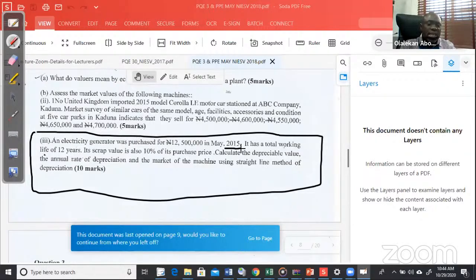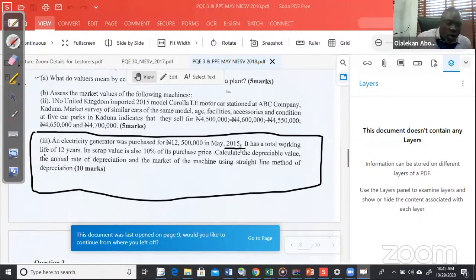If we had been given the current cost of that electricity generator, we would not use that 12.5 million because that would have been historic cost. But because we are not given, we assume that inflation has remained stagnant, the same, no inflation. That is why it remains our cost.